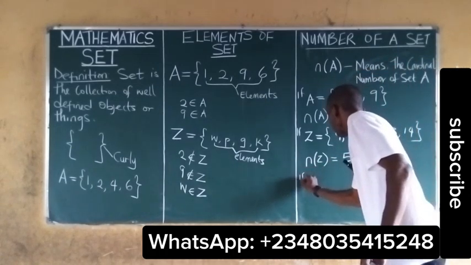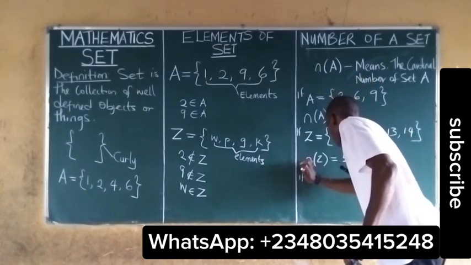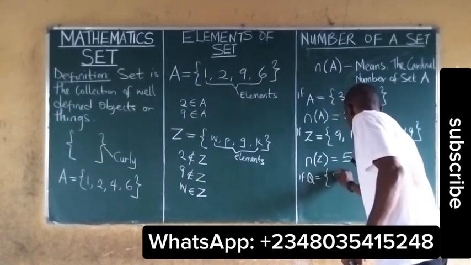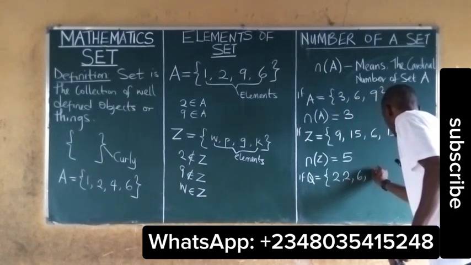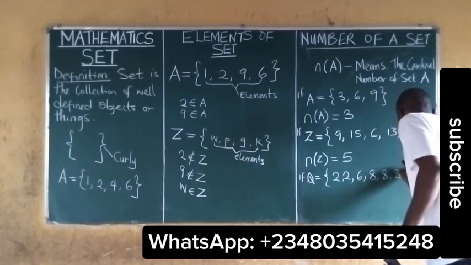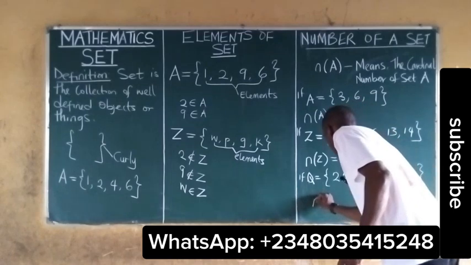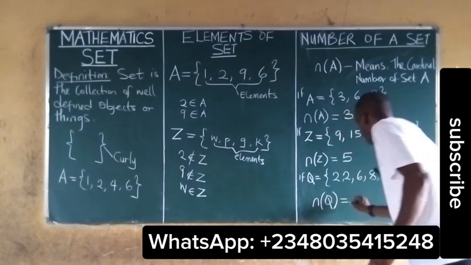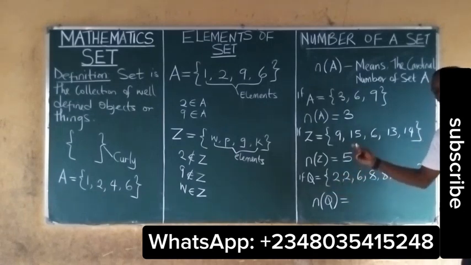Also, if Q is equal to, say, 2, 2, 6, 8, 8, 8, and 5, the cardinal number of set Q is, since you have the same number here, 2 and 2, you take it as 1.